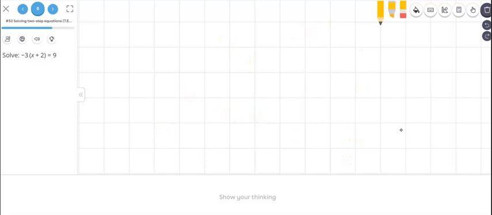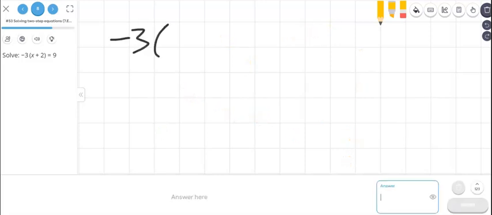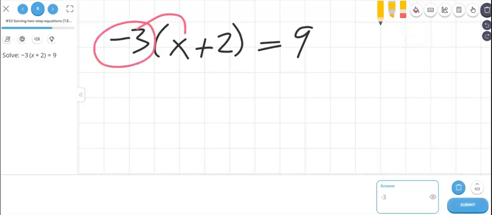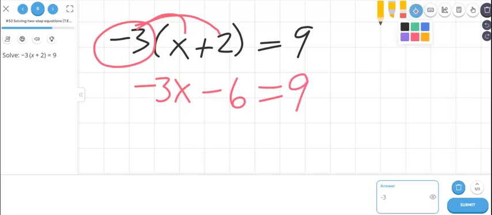Alright, we have negative 3 parenthesis x plus 2 equals 9. Now we're going to distribute the negative 3, so that's negative 3x. And then negative 3 times positive 2 is negative 6. I put negative 6 instead of plus negative 6. They're the same thing. All right, next thing, variable term.